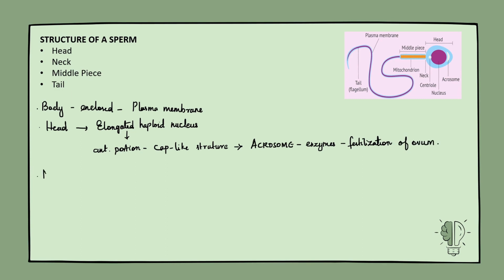The middle piece possesses many mitochondria which provide energy for the movement of the sperm.